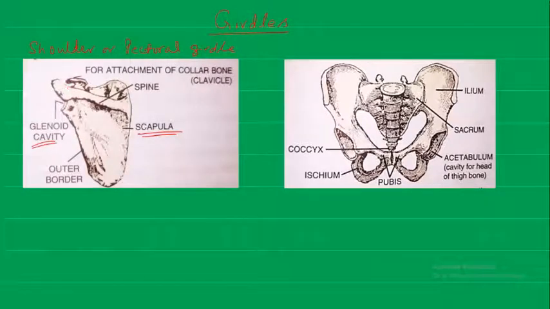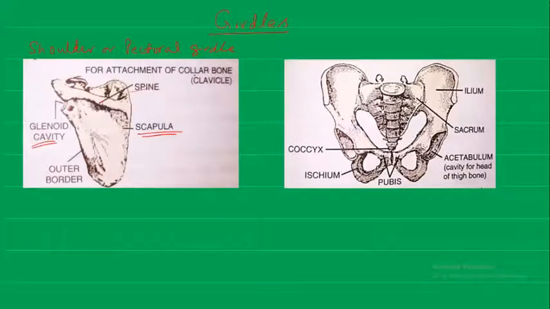So this is the shoulder or the pectoral girdle, which is roughly triangular in shape, and the shoulder blade has the glenoid cavity, which fits the upper head of the humerus.